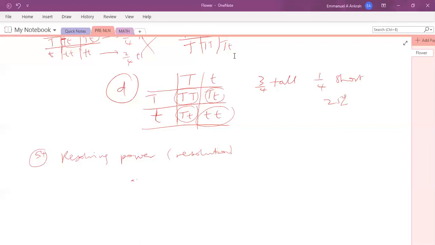What do you think here? Anybody? Choose an answer. Is it C? I'm guessing.